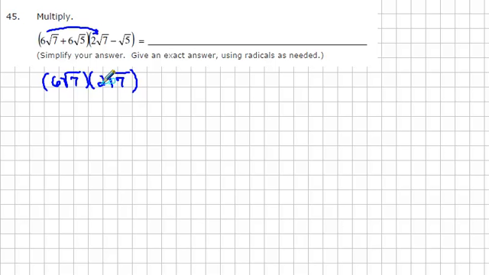We multiply 6 by 2 to get 12, and the square root of 7 by the square root of 7 to get the square root of 49, which is just the number 7. And next we multiply 6 square root of 7 by minus the square root of 5.